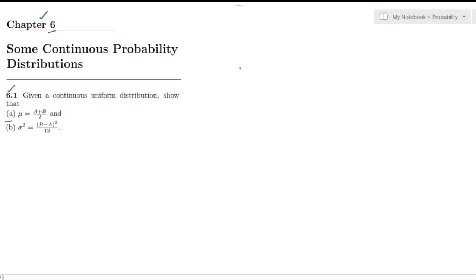Let me write the formulas for mu and sigma square. For a continuous probability distribution we know that mu is the integral from the lower limit to the higher limit of x times f of x dx.